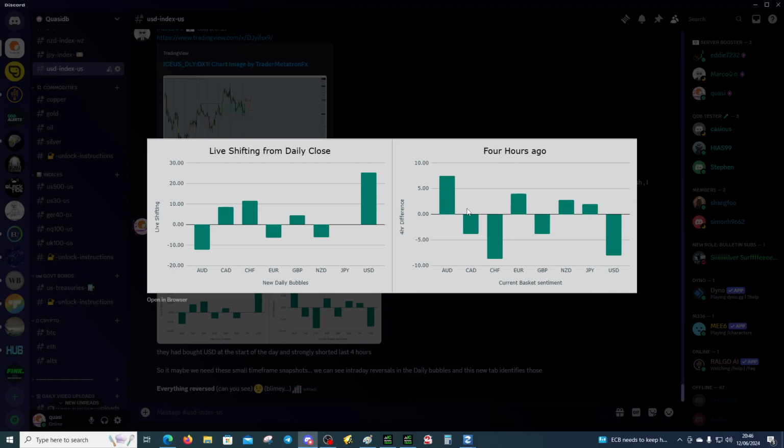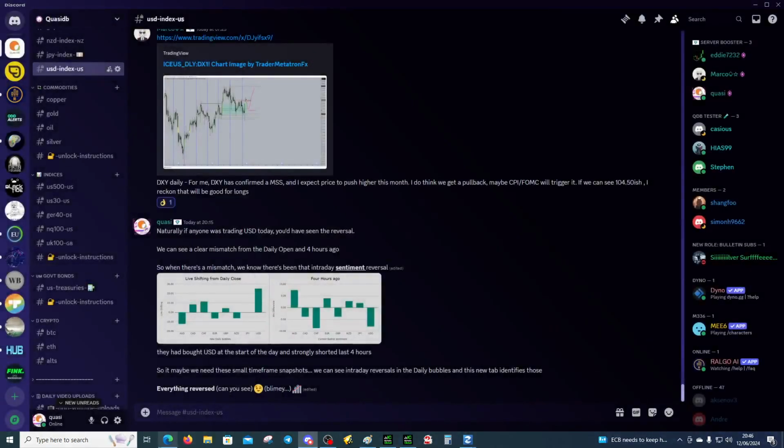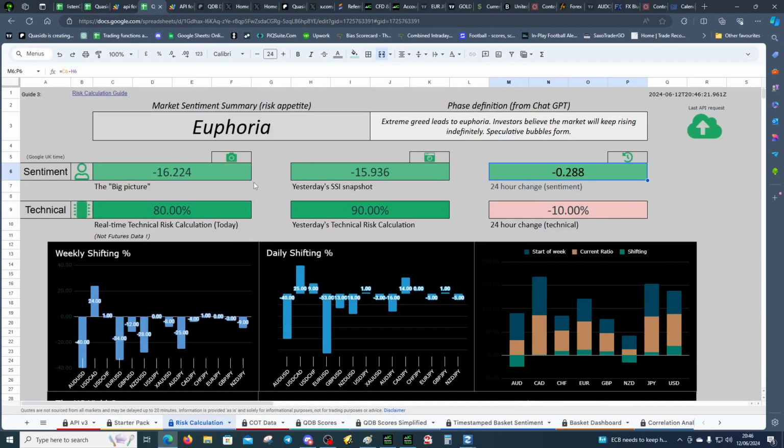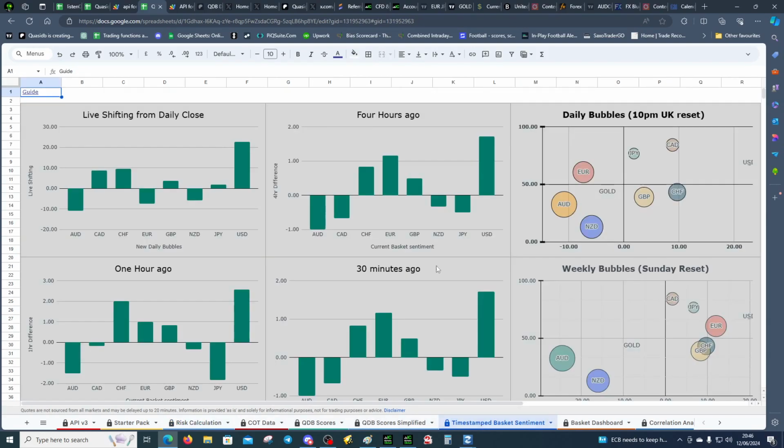You could have probably sat away and just monitored, or you could have looked at the 4 hourly and thought, well, okay, I'm going to have a go, knowing that it was potentially going to be a gamble, and if you took it, it would have paid off. And we've seen that strong dollar. So that goes back to whether or not we should be seeing a strong dollar on the risk calc. Probably not, but we've had that data out and we've had that reversal on the sentiment, so perhaps we can.